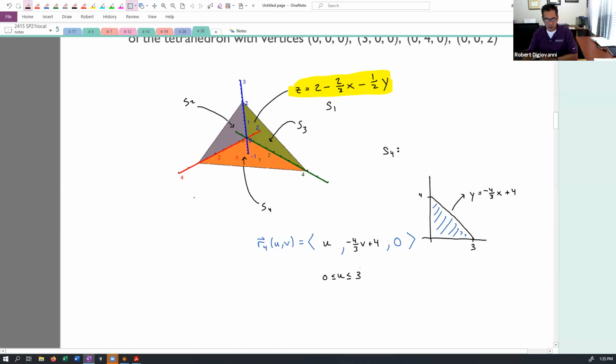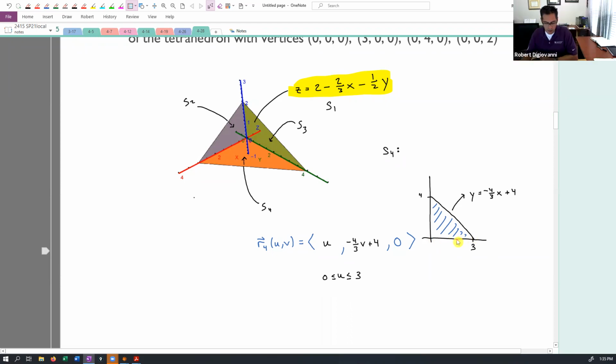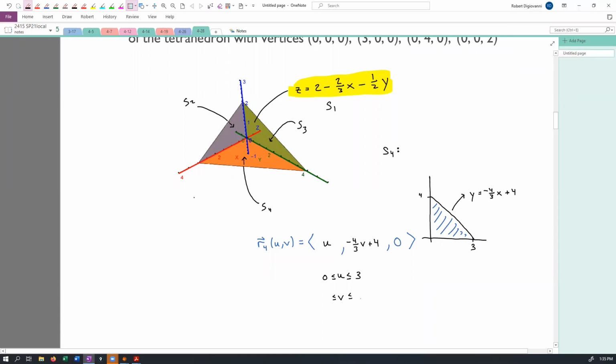Okay. So that will draw you things between here and here, right? And then your v is restricted where then? Actually, I think I want to change it to just be negative 4/3 v and scratch the plus 4. And then I would restrict it between 0 and 4. It's a shot in the dark. Okay.